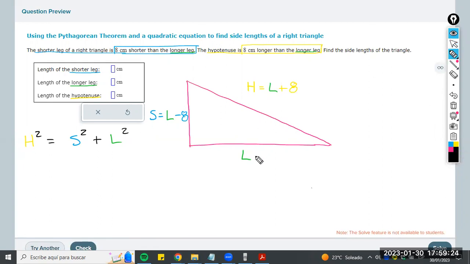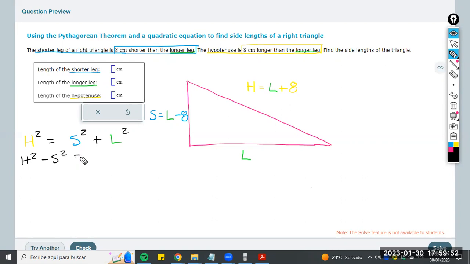With the information we have, we can substitute everything. I'm going to quit using colors for saving time. We have H, that is L plus 8 squared, equals S, that is... wait a second. I'm going to subtract S squared on both sides of the equation.